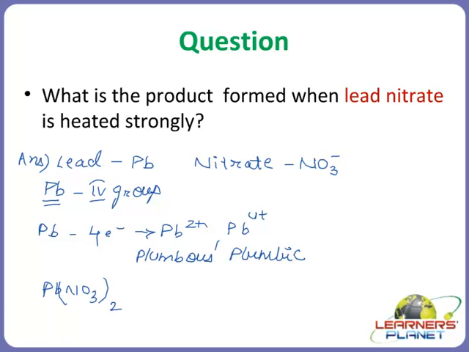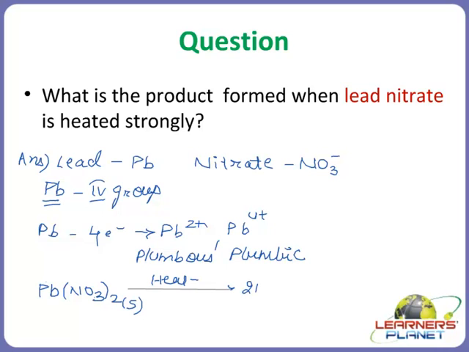Sorry students. It is Pb(NO3) whole twice. It is a solid, and when it is heated, what are the products formed?